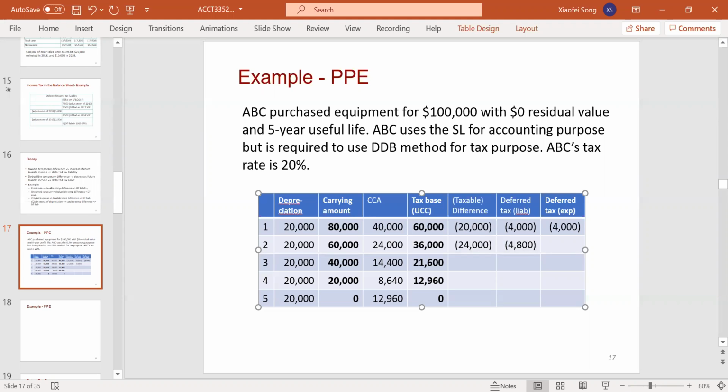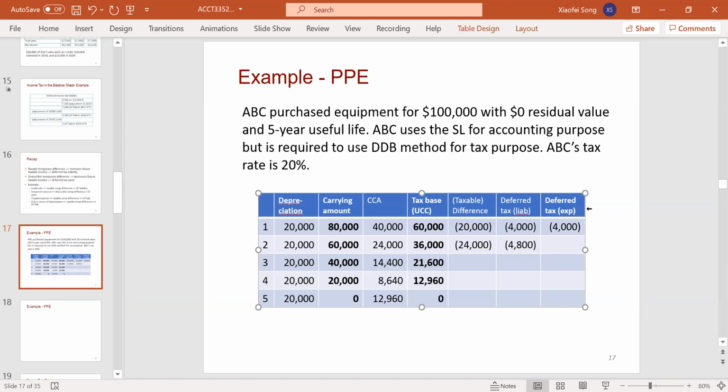Now, this time, you already have a balance in this balance sheet account, deferred tax liability. The balance was 4,000. So the adjustment requires a credit of deferred tax liability of what? 800, not 4,800, only 800.